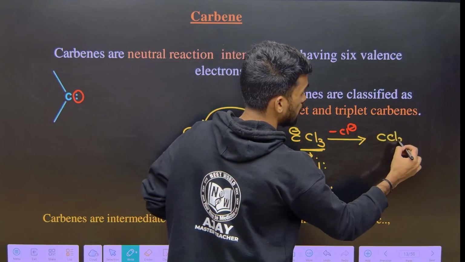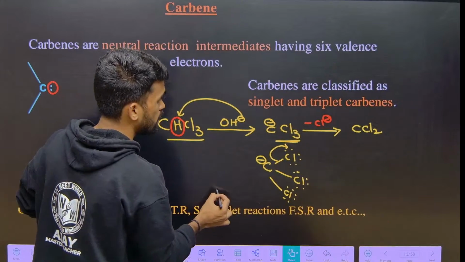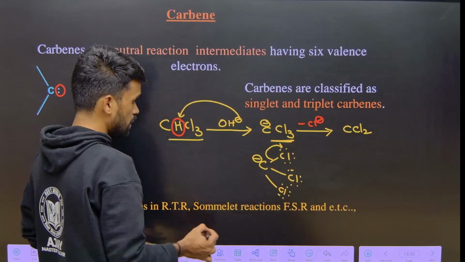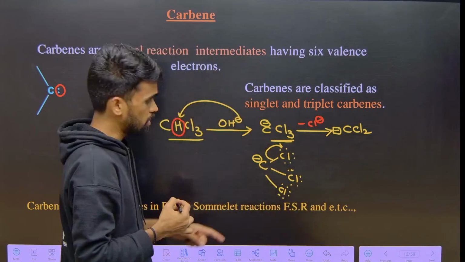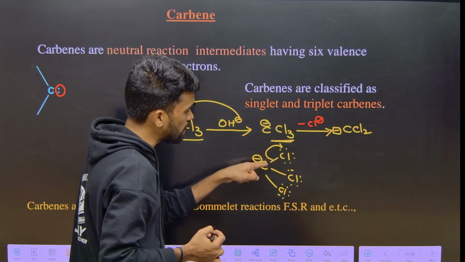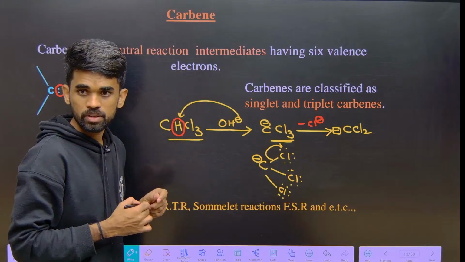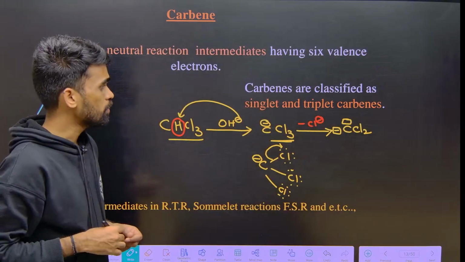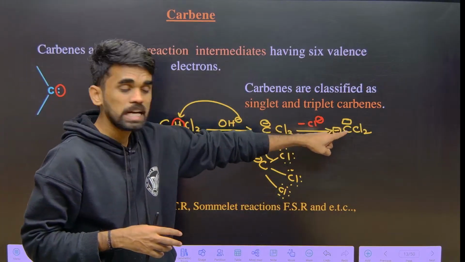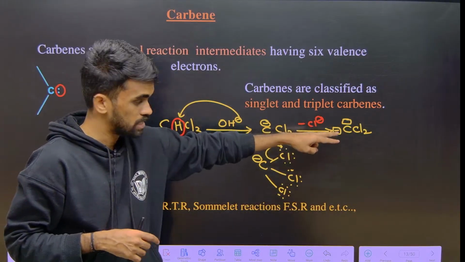CCl2 we have, with a negative charge here, and if the chloride goes out, one orbital becomes empty. So I am writing one empty orbital. There are 2 ways to indicate this.